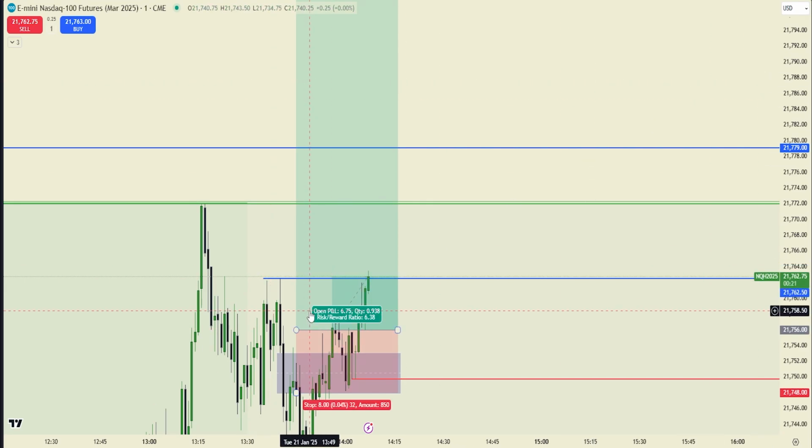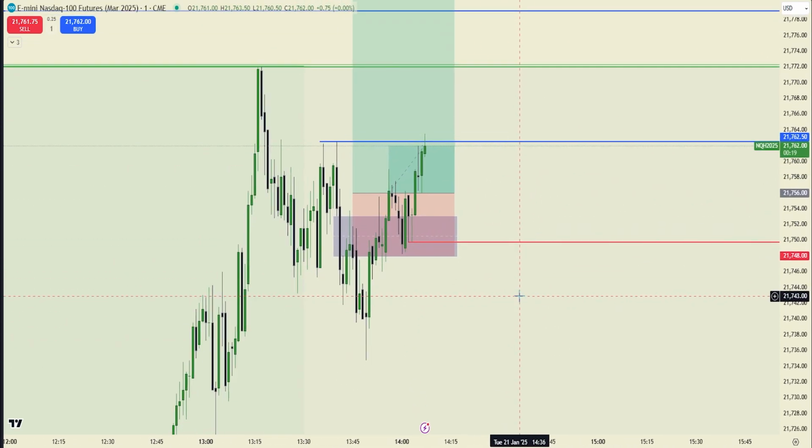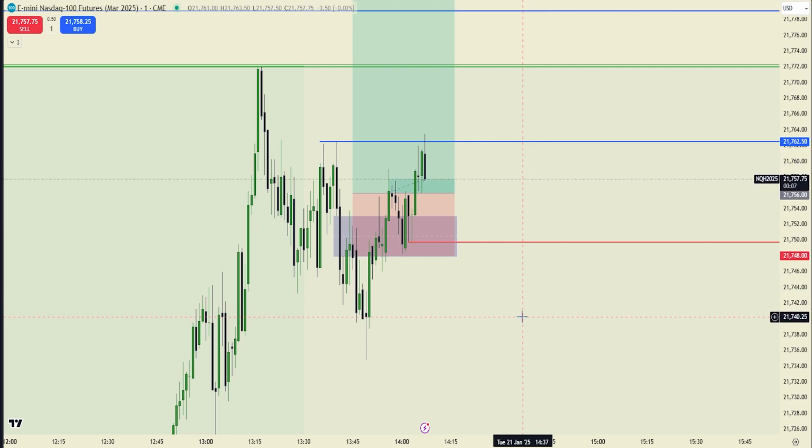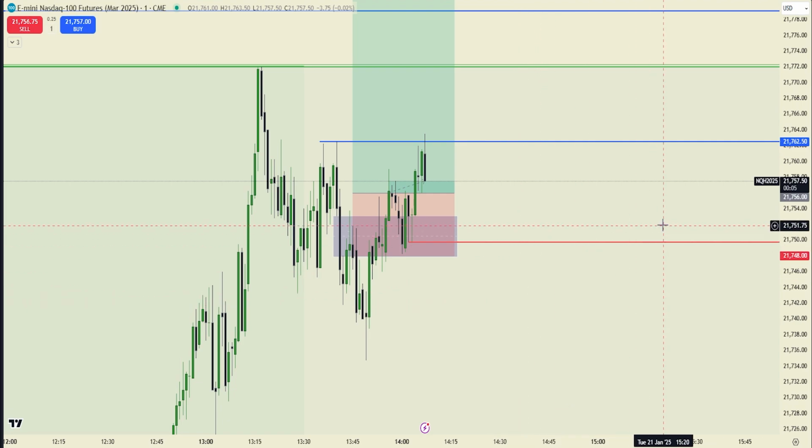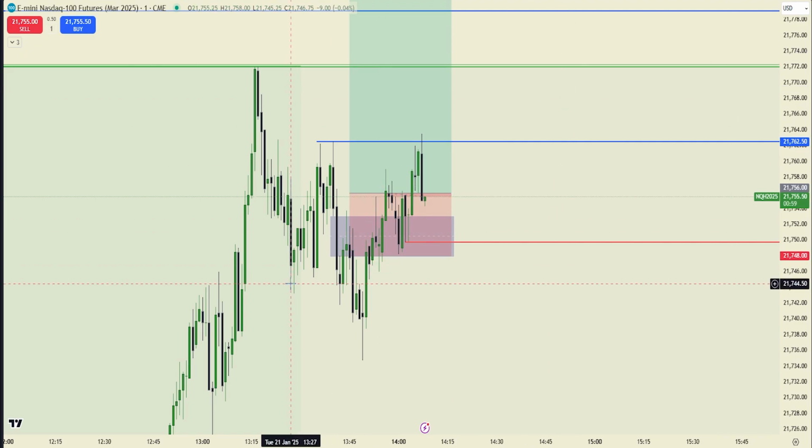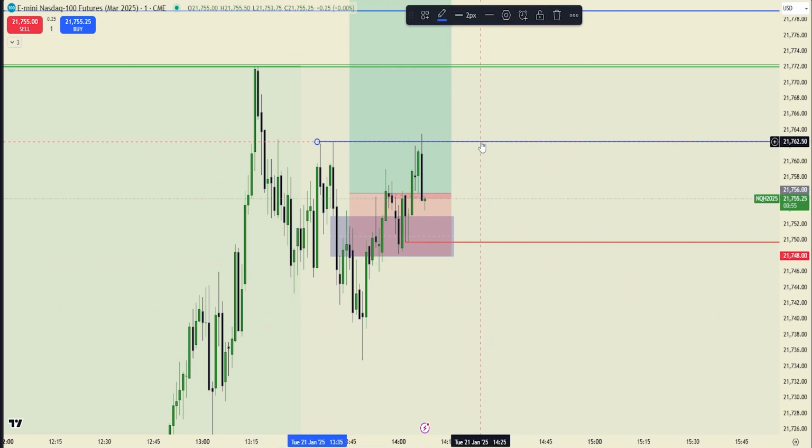I said this was an A setup, R-Wink. Looks like it's going to be a break-even trade. So, break-even trade there.